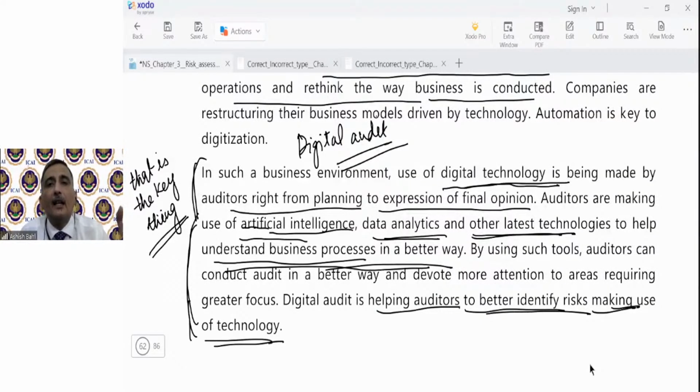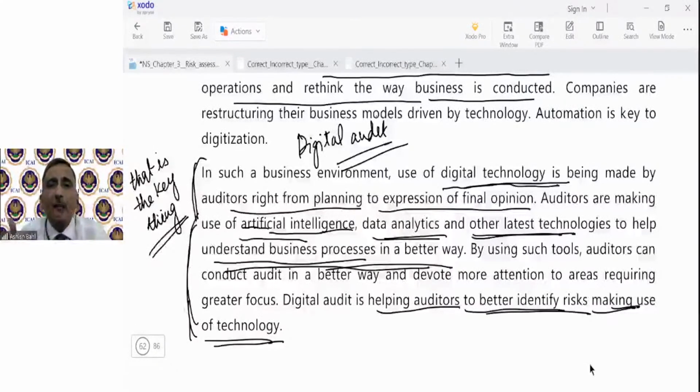So it is an evolving area, and with the developments happening in technology at a very fast speed, you would see that digital audit is going to be the future.